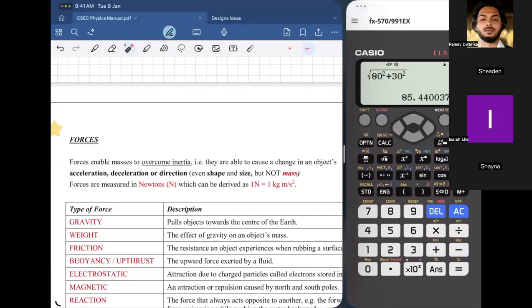Forces enable masses to overcome inertia. That is, they are able to cause a change in an object's acceleration, deceleration, or direction, even shape and size, but not mass. Forces are measured in newtons, which can be derived as 1 N equals 1 kg m over s squared. Why do you think a force could change shape, size, but not mass?